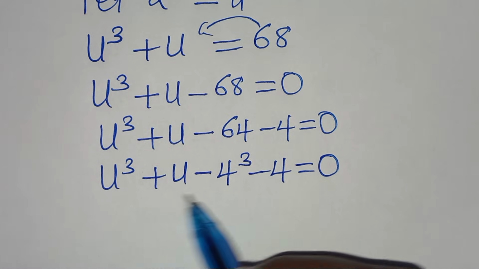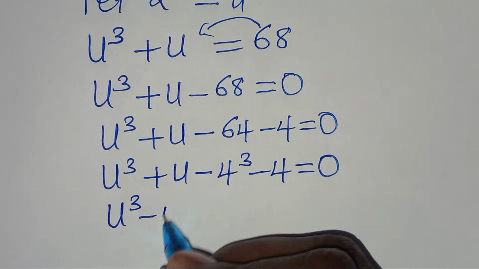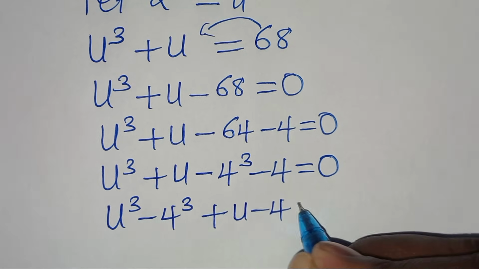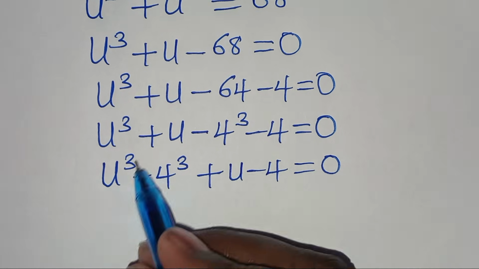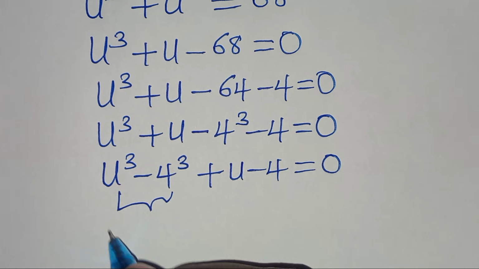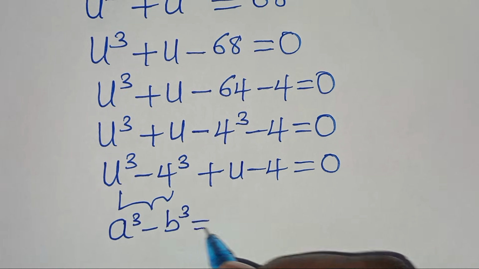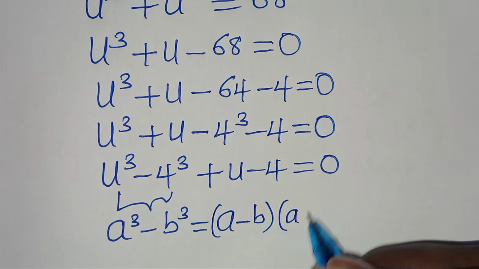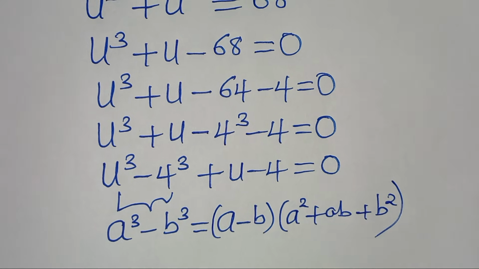We have u to the power of 3 and 4 to the power of 3 here, so we can express this as u to the power of 3 minus 4 to the power of 3 plus u subtract 4. This is equal to 0. The next step is that u to the power of 3 minus 4 to the power of 3 is the difference of two cubes, expressed as a to the power of 3 minus b to the power of 3, which we can express as a subtract b, times a to the power of 2 plus a times b, then plus b to the power of 2.